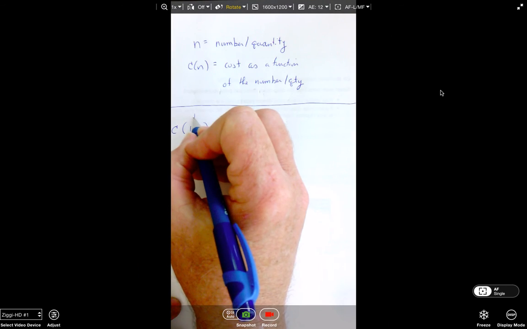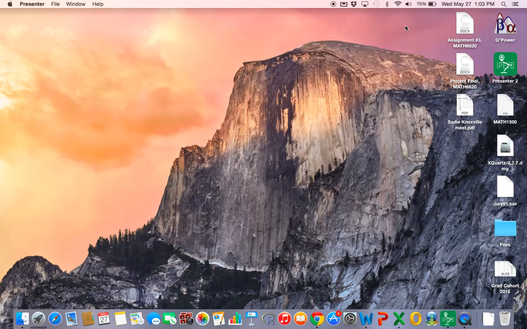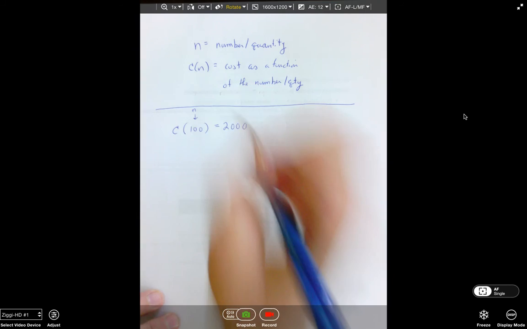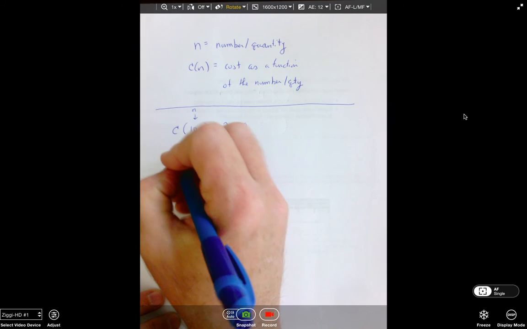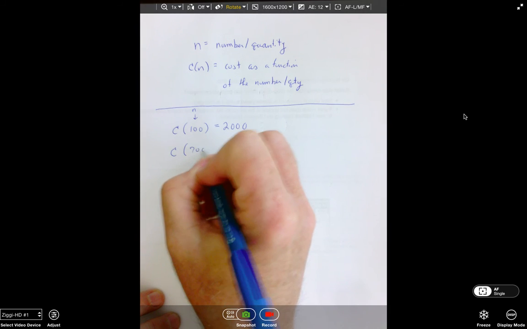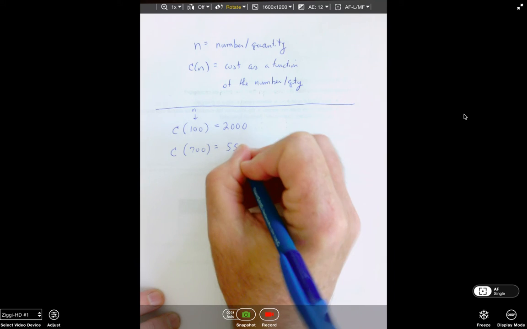So when n is equal to 100, the cost is 2,000. And we also know that C of 700 is equal to 5,500.